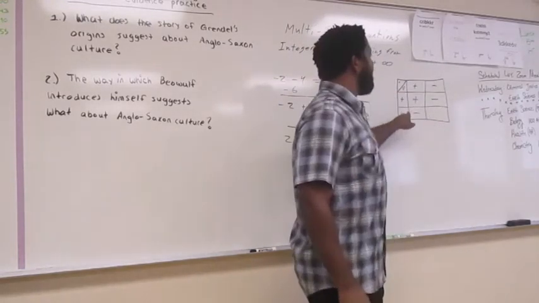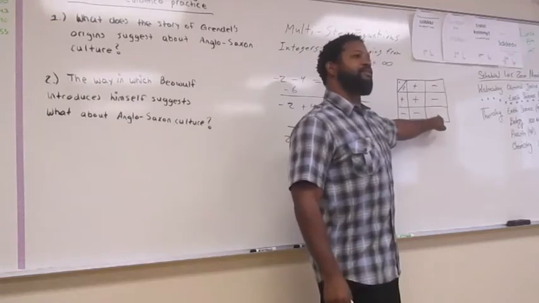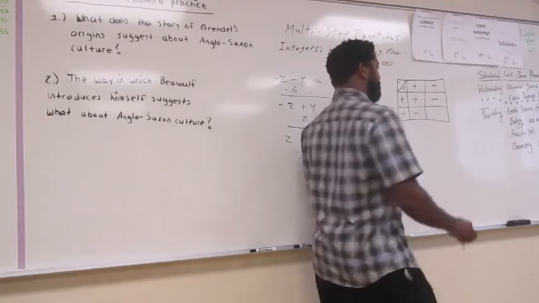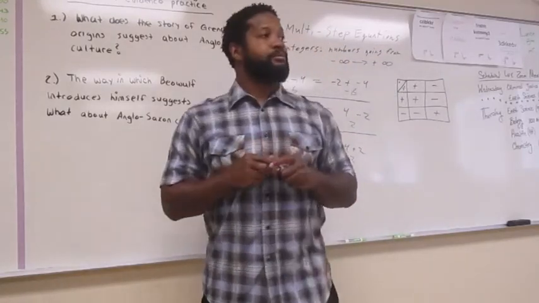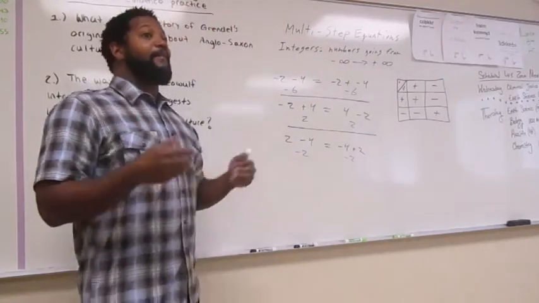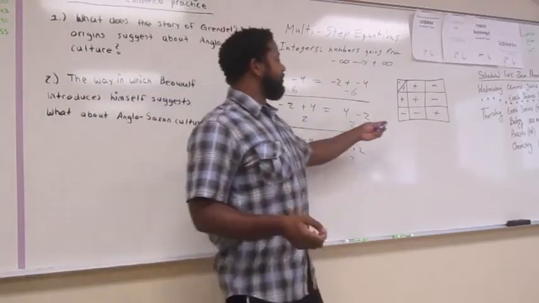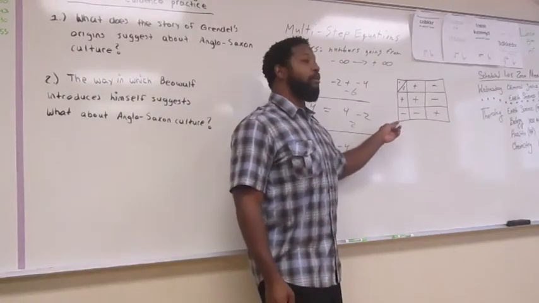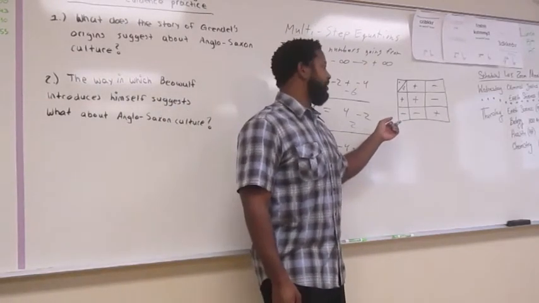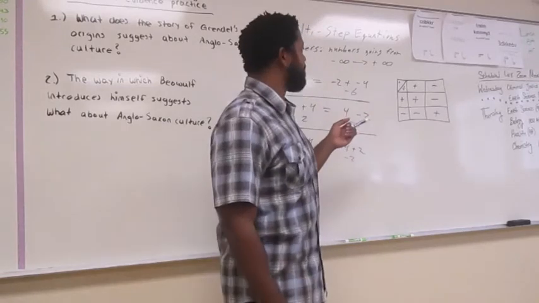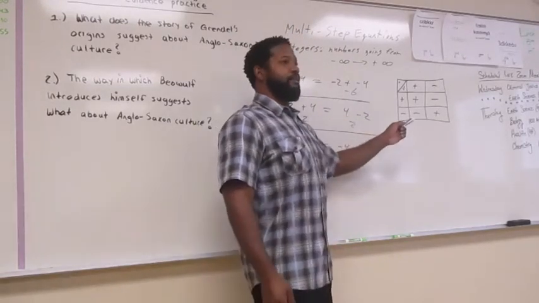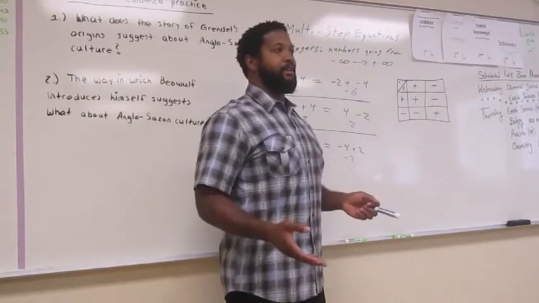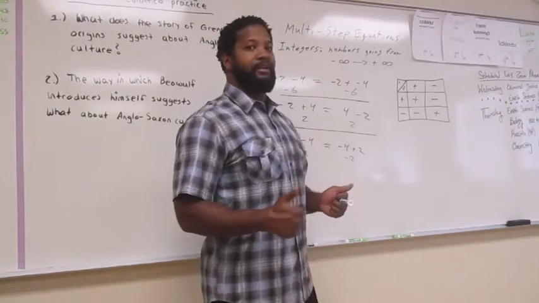And a negative multiplied or divided by a negative is a what? Positive. This chart encompasses all of the positives and negatives dealing with integers when you're multiplying or dividing. Everybody good? Great.